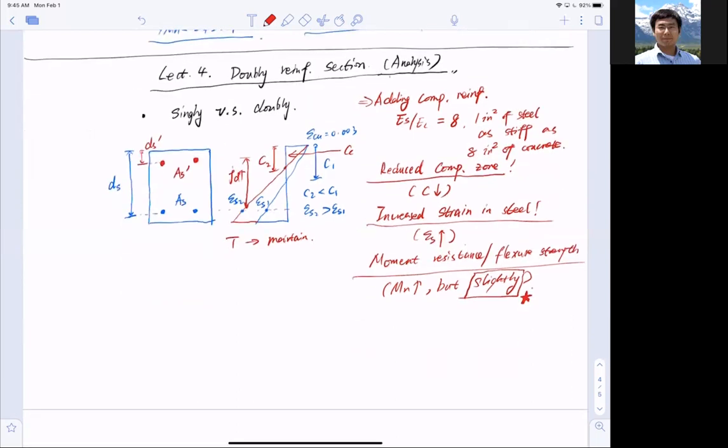Why am I emphasizing this? Because you have this problem in the first exam. You have at least a multiple choice problem on this exam.